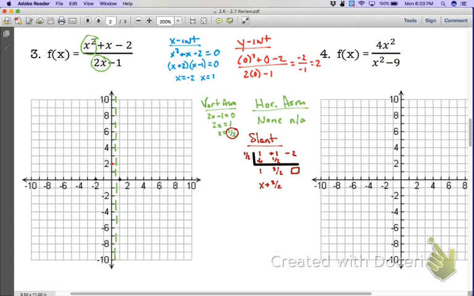If we go from there, I'm going to have a dashed line. It's going to go basically through 1.5, and I'm going to go up 1 over 1. It's going to look something like that. So there's my slant.